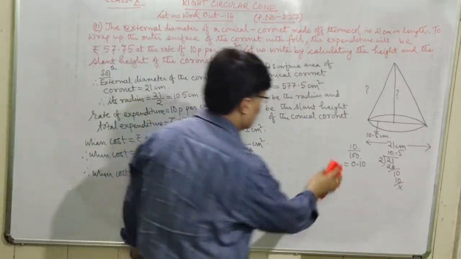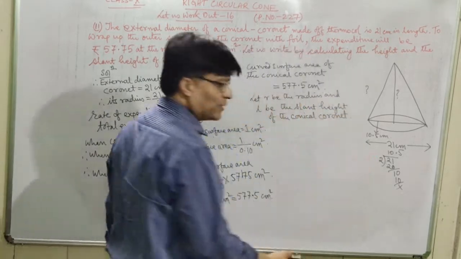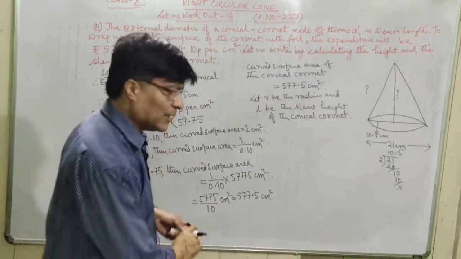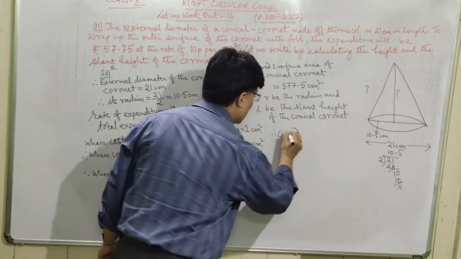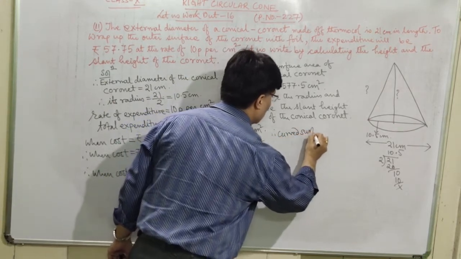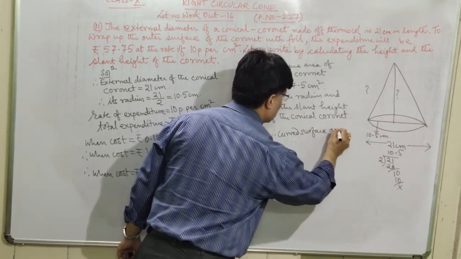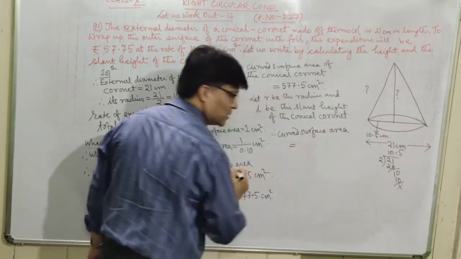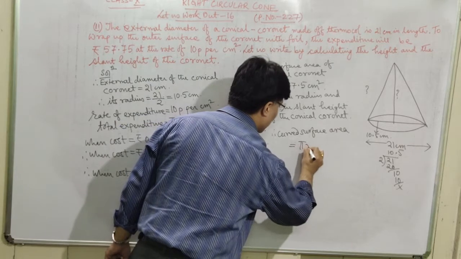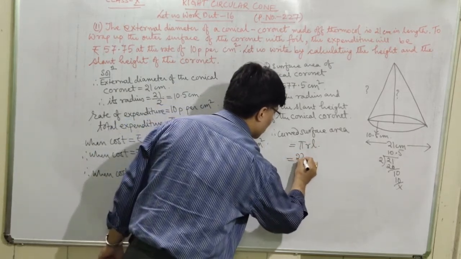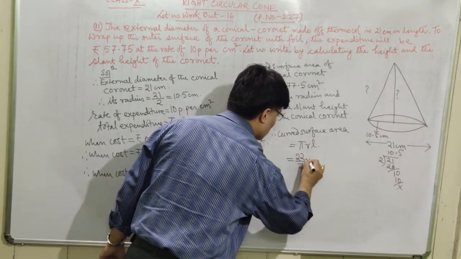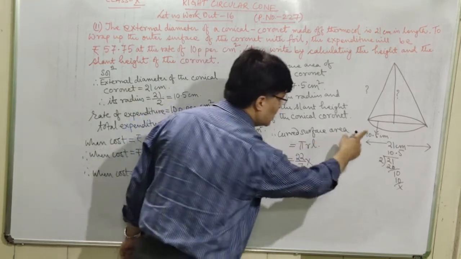Okay, so now let us write down the formula for the curved surface area. Therefore curved surface area is equal to, what is the formula? It is pi RL, which is equal to 22 by 7 into the radius.